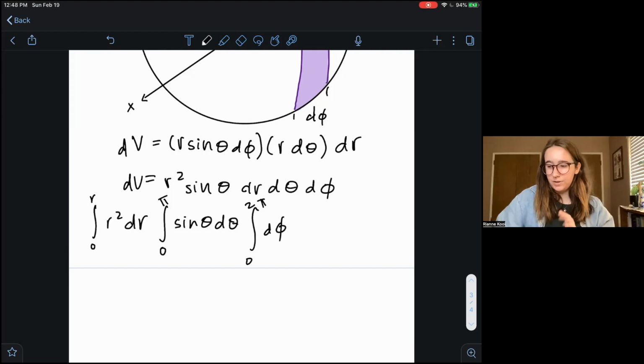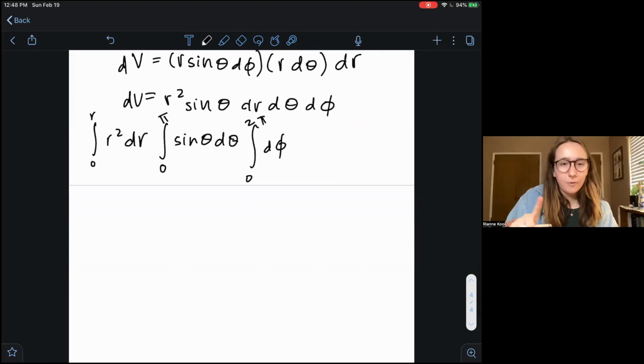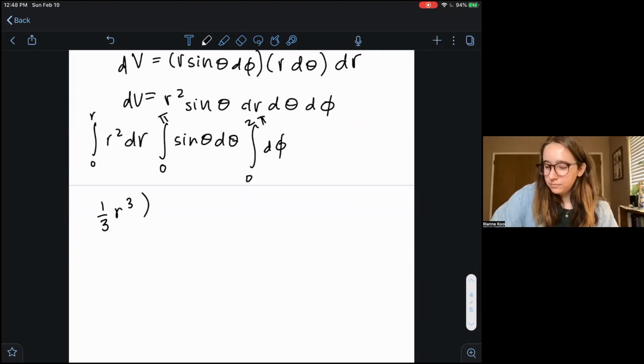So now let's solve this integral. We have an r squared term, and we need to keep that in account. So the integral of r squared dr is just 1/3 r cubed, evaluated from 0 to r, which is just what we wrote there.